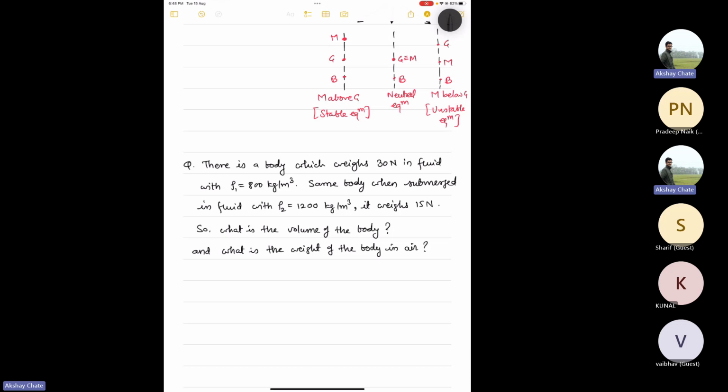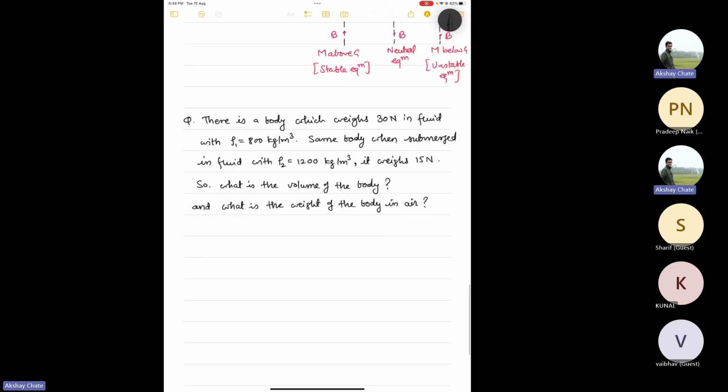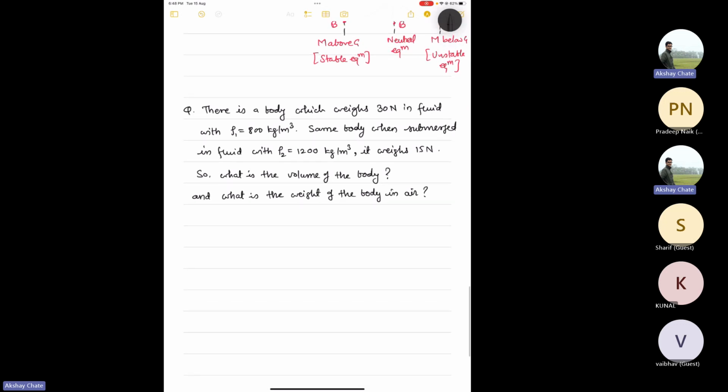So air has a density, right? So maybe we can compare that way. This is a very typical question that is asked. Maybe you have seen it somewhere or not, but these figures may change. Maybe they'll give different fluid densities and different weights, but it is essentially an application of Archimedes principle.